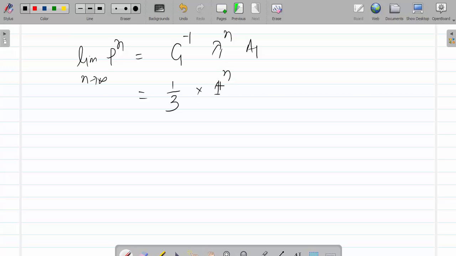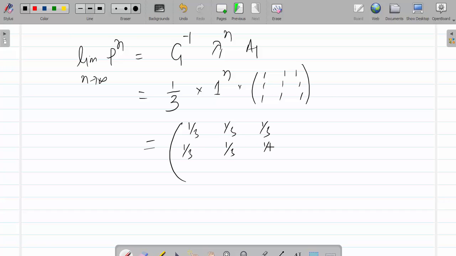So this will be 1 to the power n, this is 1, and A1 is 1 1 1, 1 1 1, 1 1 1. So this will be equal to 1 by 3, 1 by 3, 1 by 3, and 1 by 3, 1 by 3, 1 by 3, 1 by 3, 1 by 3, 1 by 3. So all the rows are identical.